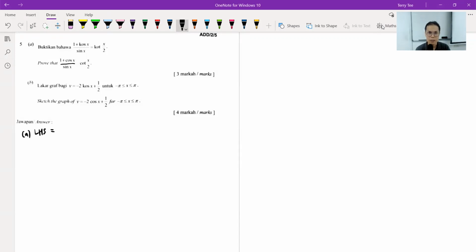Okay, now a couple of things about the formula for cos. We know cos 2a has 3 versions. The first version is cos square a minus sine square a. The second version is 2 cos square a minus 1. The third version is 1 minus 2 sine square a. So which version to use here?